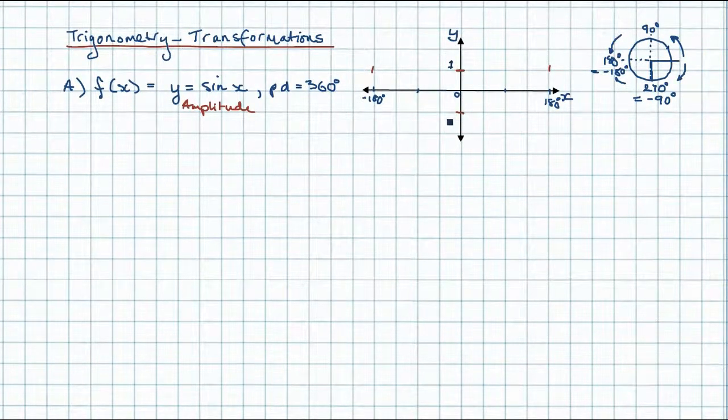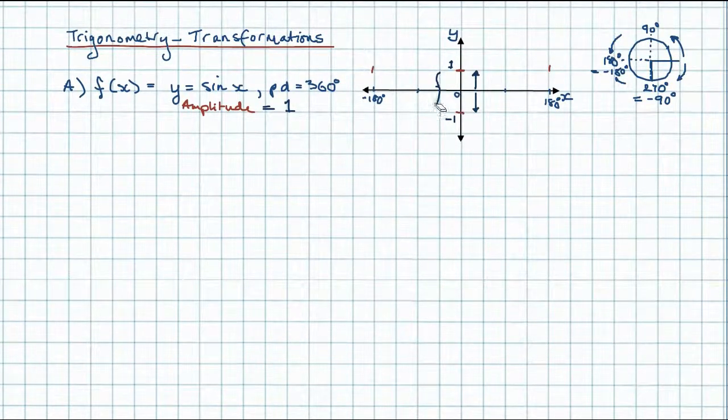So negative 1 will be here. Our amplitude is not the total distance from here to here, rather it's how high up does it go, how much does it depart from the baseline. If the baseline is the horizontal x-axis, then how far up or how far down does it go? The answer is it's got an amplitude of 1. Okay, and that's all the information you need to sketch a graph.